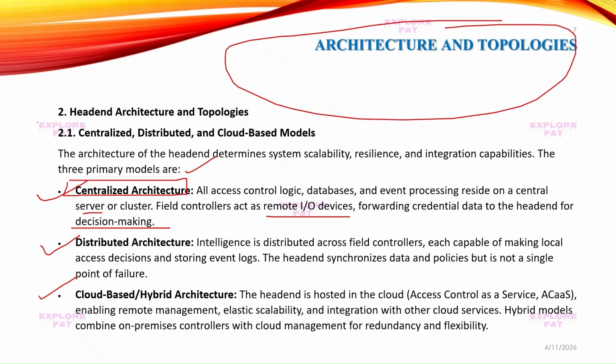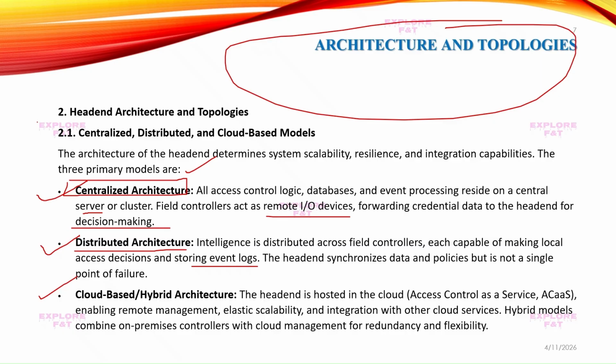And distributed: in distributed architecture, intelligence is distributed across field controllers, each capable of making local access decisions and storing event logs. The head-end synchronizes data and policy, but it is not a single point of failure. And this could be a single point of failure in centralized architecture. Next is cloud-based and hybrid architecture.